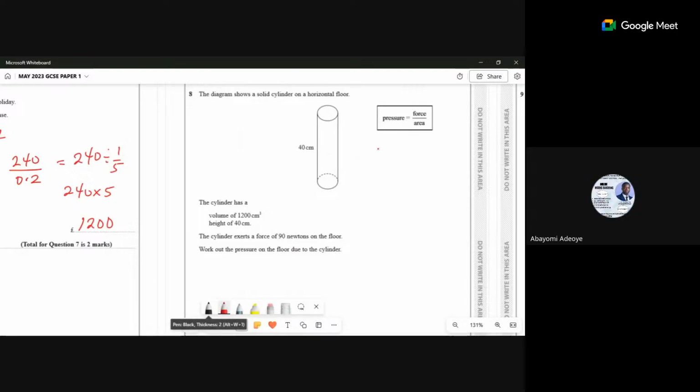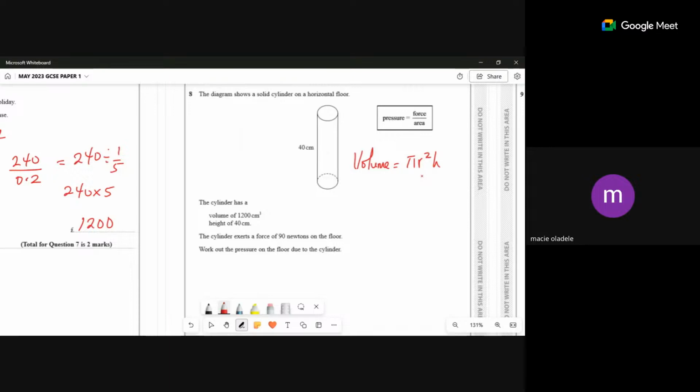What's the volume of the cylinder? Do you have to do the area of the rectangle and the area of both the circles, and then add them? No, the volume of the cylinder is pi r squared h. Don't forget.